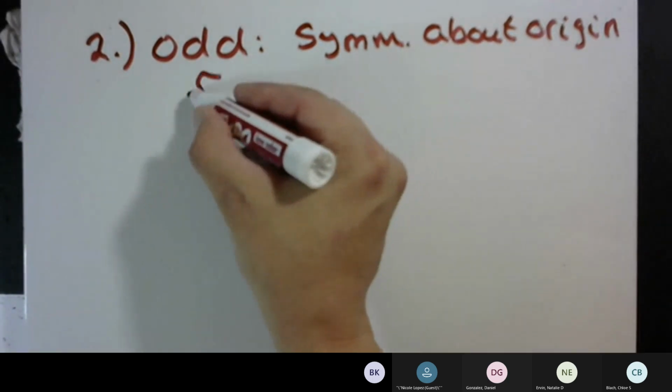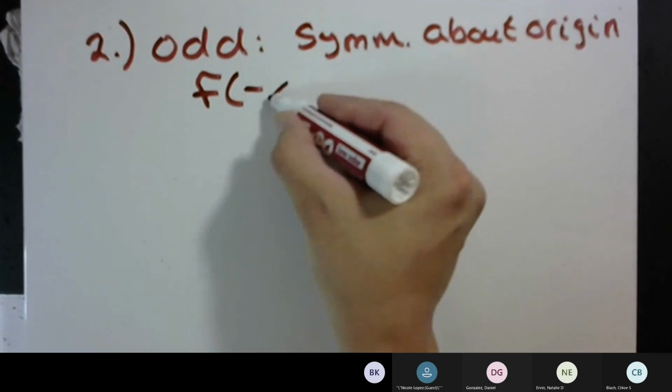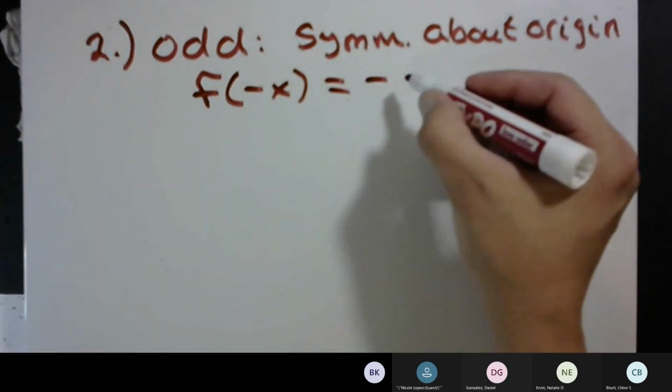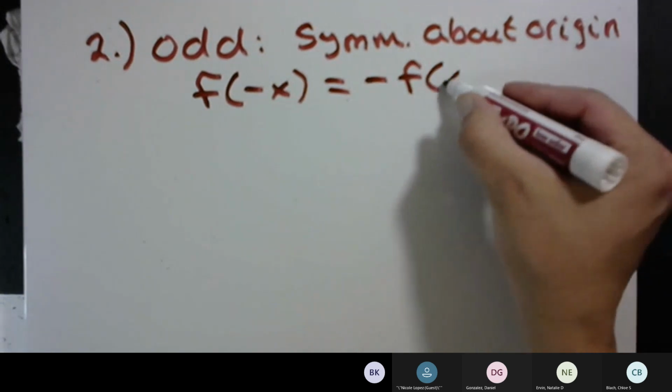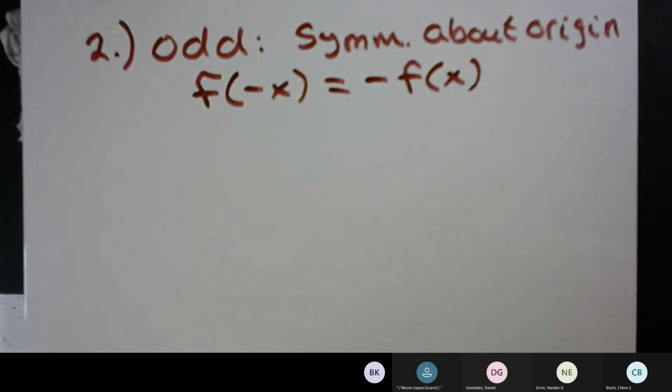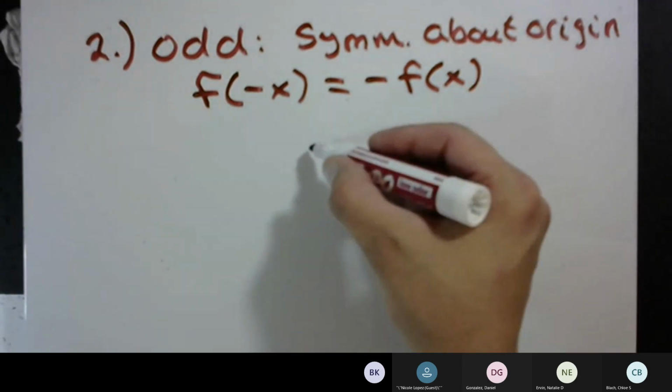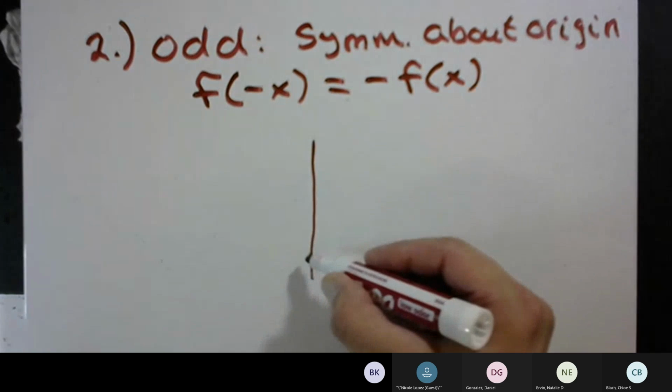Now, algebraically, what this means is if we put negative x into f, simplifying, we get the negative sign passing through. So an example of what this typically looks like would be something like this.